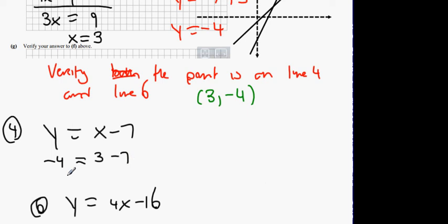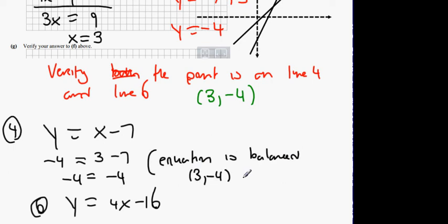And that's minus 7. Minus 4 equals minus 4. Equation is balanced. 3, minus 4 is on line 4. Okay, what about the next one?